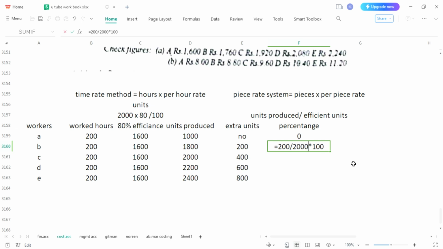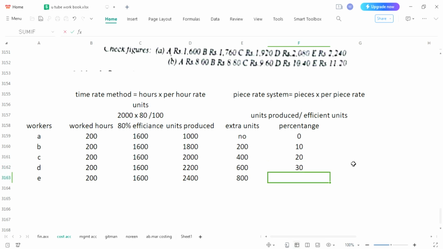So let's see how much percent worker B had produced extra units. So this is 10%. And similarly, you will calculate the same for the third worker, 400 extra, 2000 standard, and you need to multiply it by 100. In this way, you calculate the percentage for the second. Now for the third, 600 units he had produced extra, 2000 was your target, and you need to multiply it by 100.